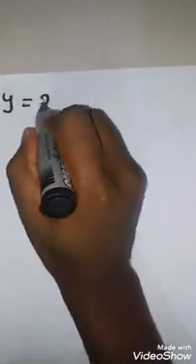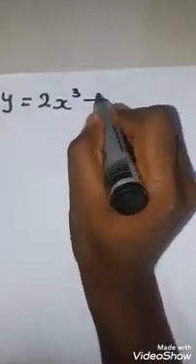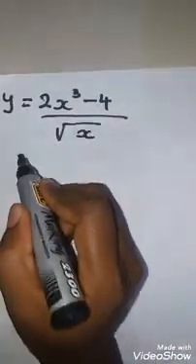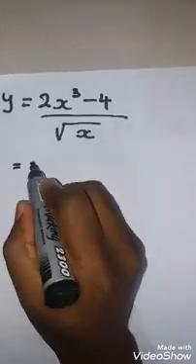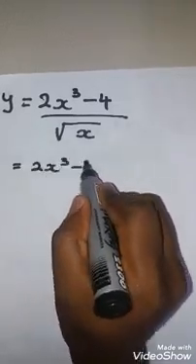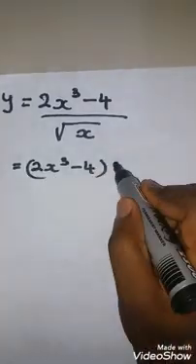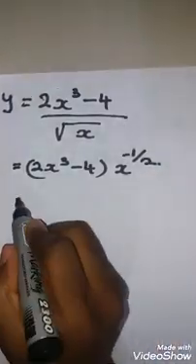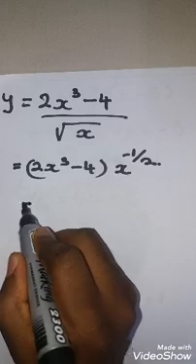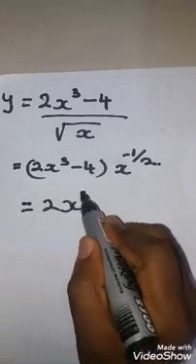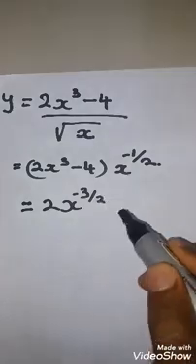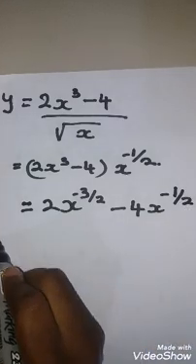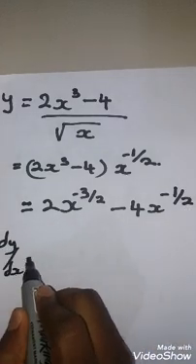y equals 2x cubed minus 4 over square root x. So the first thing is to simplify the equation. So now we open the brackets. 3 times minus half will be minus 3 over 2, minus 4x raised to the power minus half.